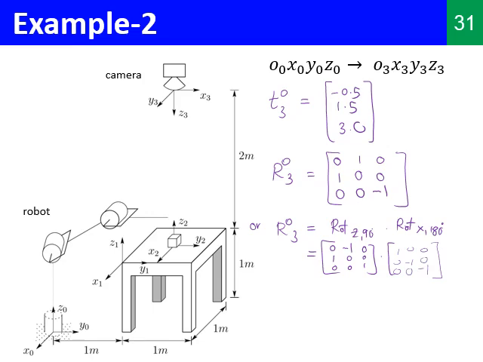Okay, you can later check that. So our final H matrix would be -0.5, 1.5 and 3, and the rotation matrix was 0, 1, 0, 1, 0, 0 and 0, 0, -1. Okay, so this is H03.